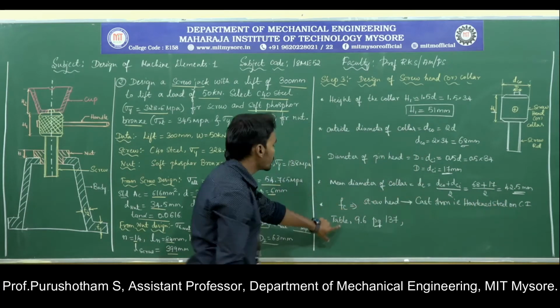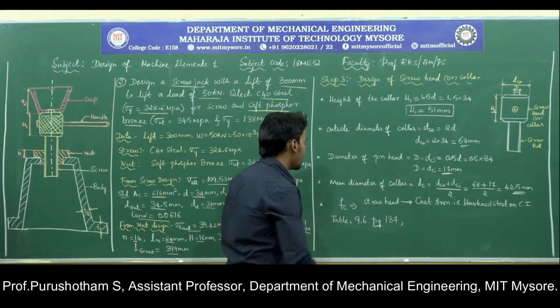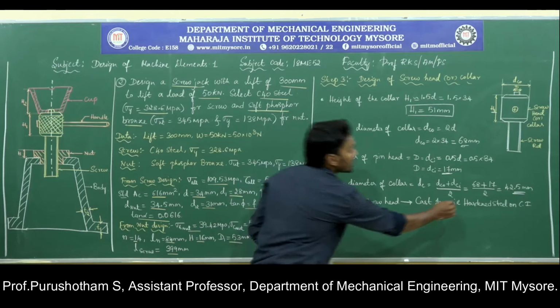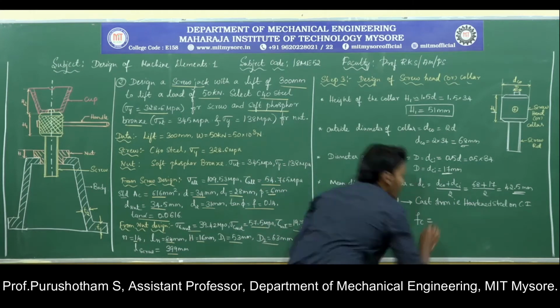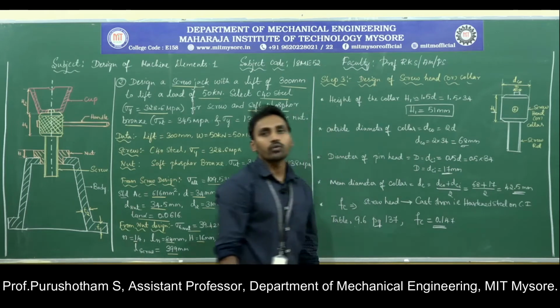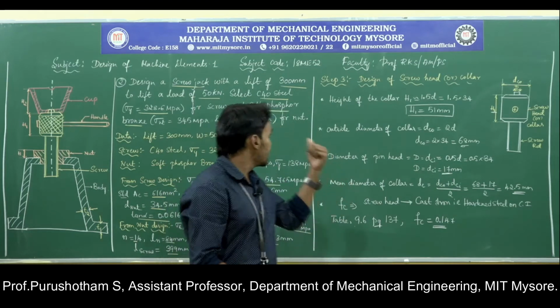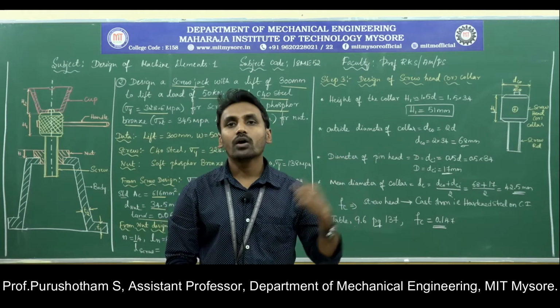If you check this table, for this respective material, the coefficient of friction for the collar is 0.147. So from this, step 3 is over, that is design of screw head or collar.